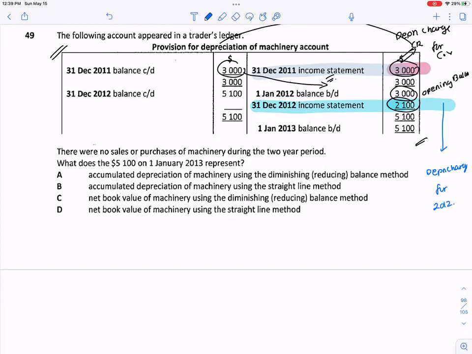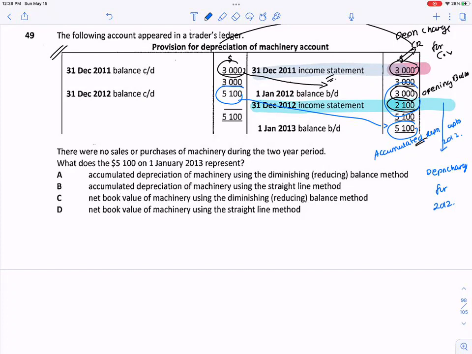Are you all with me? Okay. Then we will add both of these and write over here. And in 2013, this is accumulated depreciation. What is this? Accumulated depreciation up to 2012.